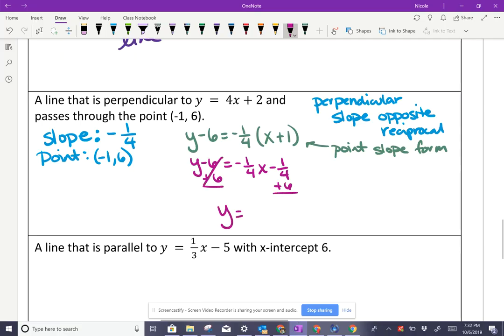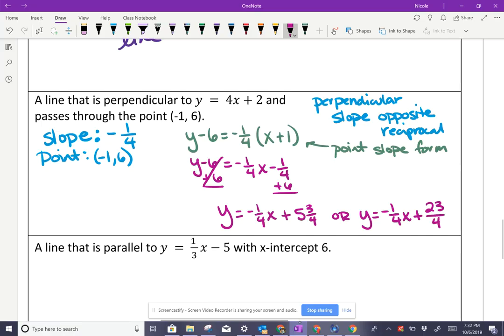So y equals negative 1 over 4x, and we've got a positive 6 and a negative 1/4, which gives me a positive 5 3/4. And if you want to write that as a mixed number, we've got negative 1 over 4x plus 23 over 4.